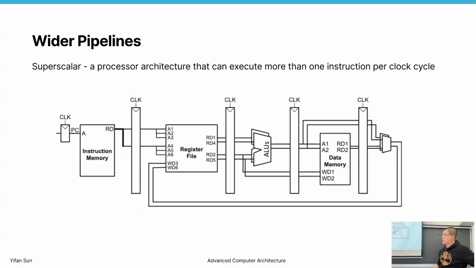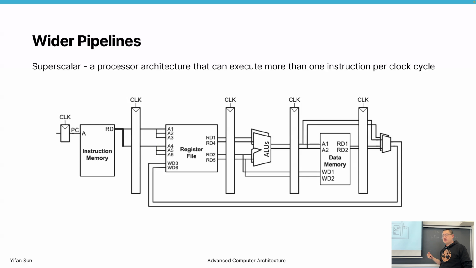Now with an issue stage, we naturally split a CPU core into 2 parts. We say everything before the issue stage is the front end, which is basically responsible for loading the instructions into a set of registers, a pool or queue or buffer or something, right? After issue, we call it the back end of the core.